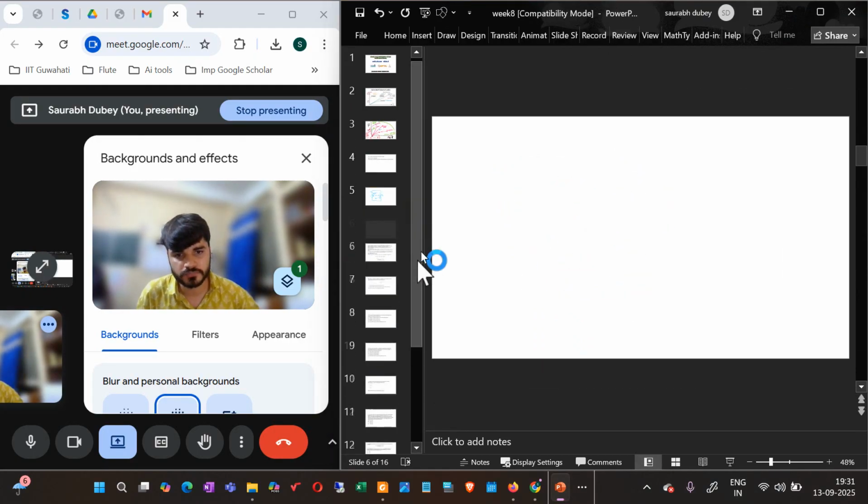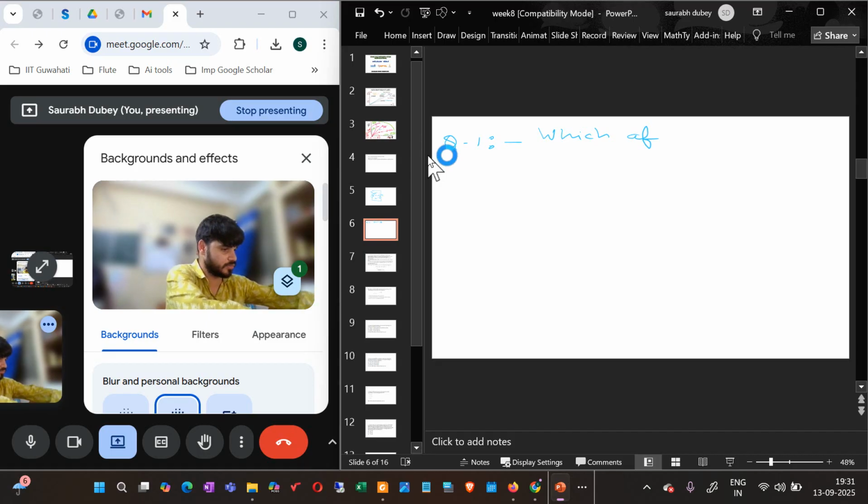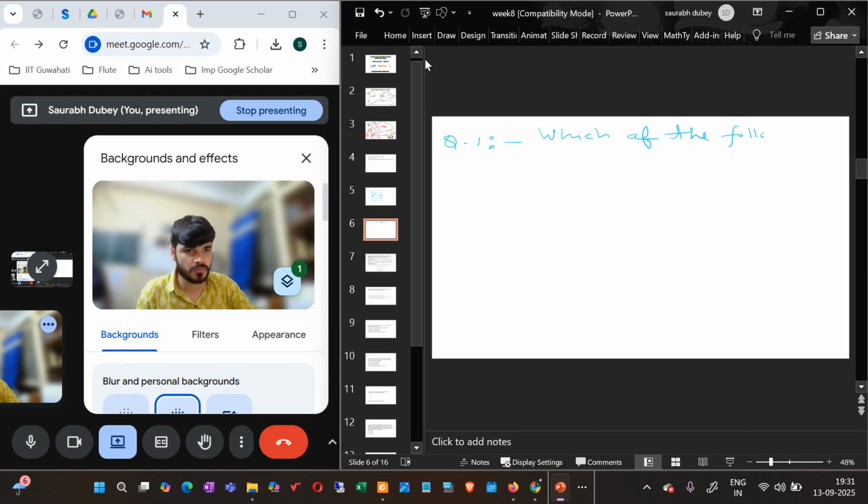Okay, so question 1. Which of the following is correct for the given geometry?